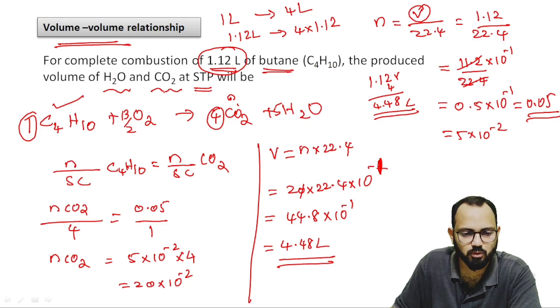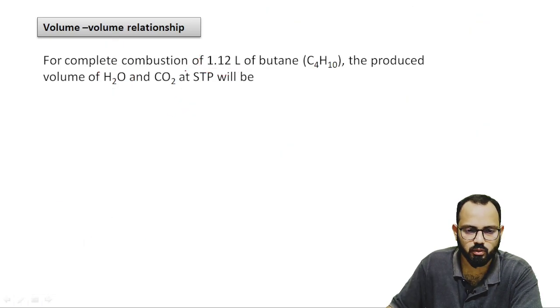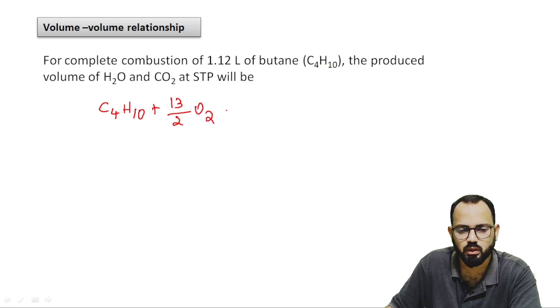You found out the CO2. Now you go for the H2O. Again the equation I have to write again. C4H10 plus 13 by 2 O2 gives you how many CO2? 5 CO2, right?